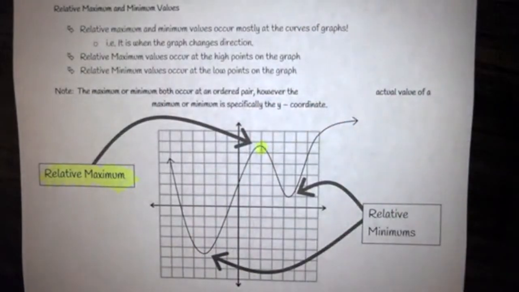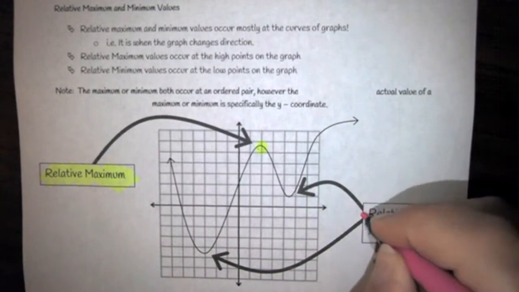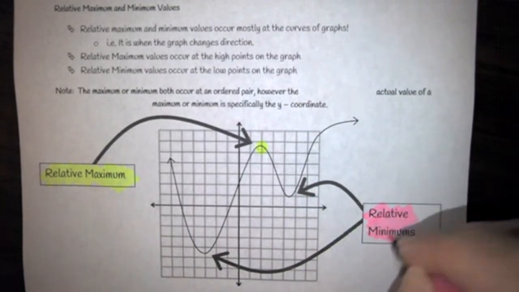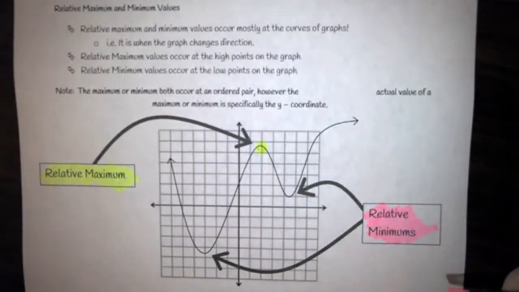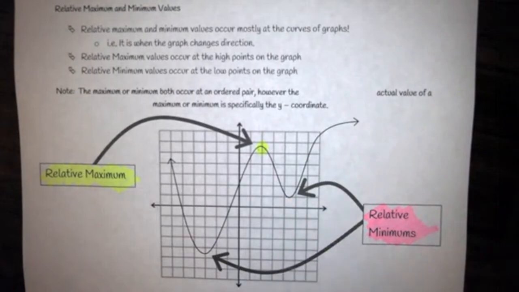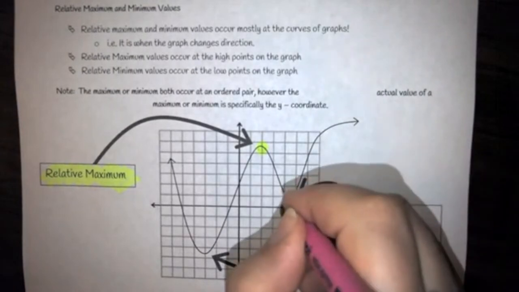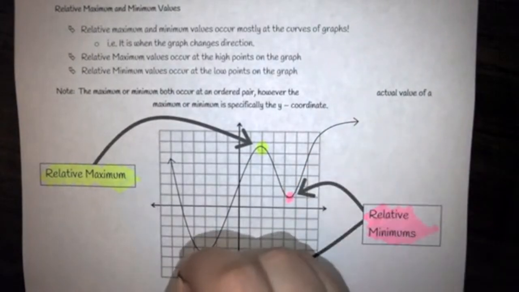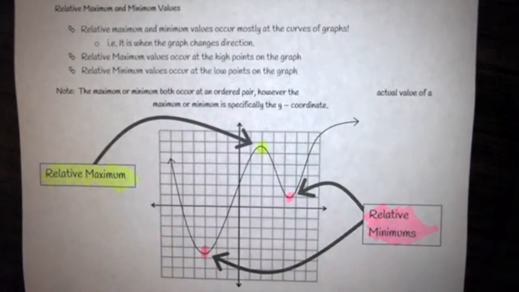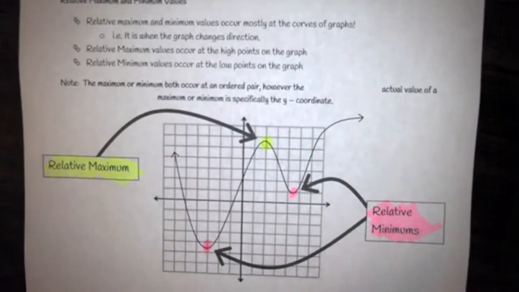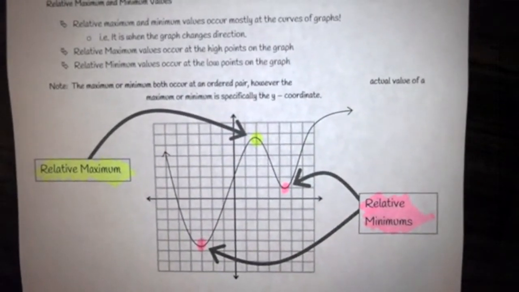Now, since I only have the one peak, I only have the one relative maximum. However, when talking about my relative minimums, which would be these over here, we have 2 of them because notice we have 2 valleys. So we're looking at this point here and this point down here. Those would be our relative minimums.